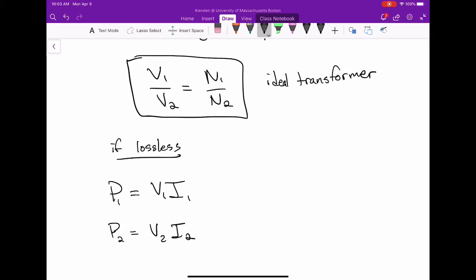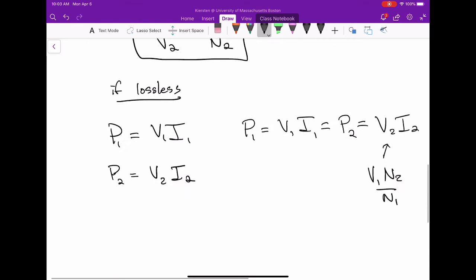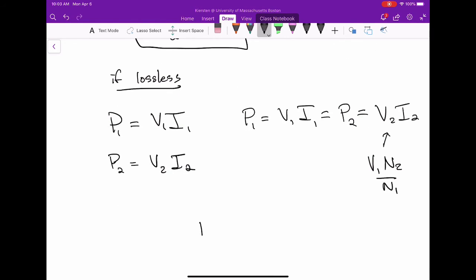And we know that V1 and V2 have this relationship, and we also know that P1 and P2 are equal to each other. Then we have that power 1 is equal to V1 I1, which is equal to power 2, which is equal to V2 I2. But then V2 is just V1 times N2 over N1, which means V1 I1 is equal to V1 N2 over N1 I2.